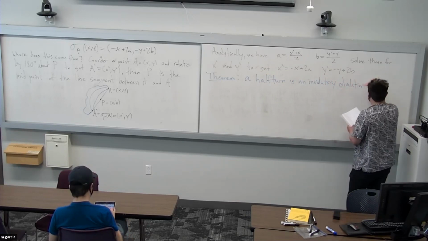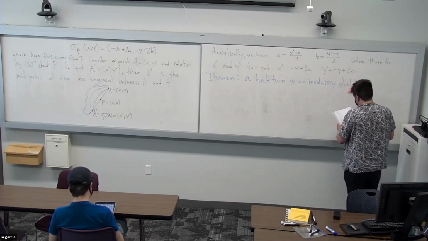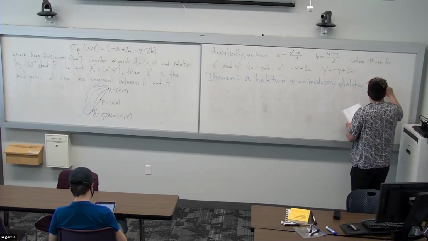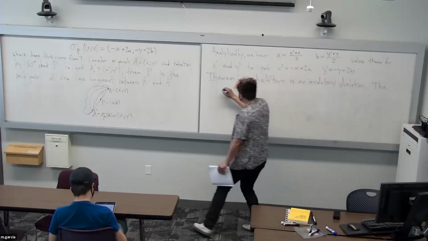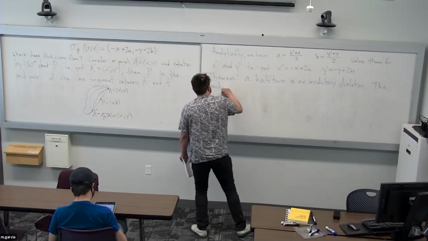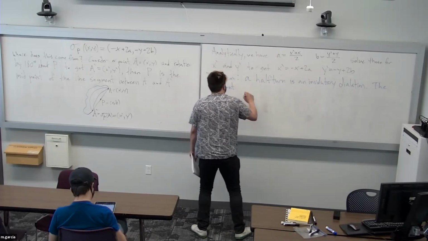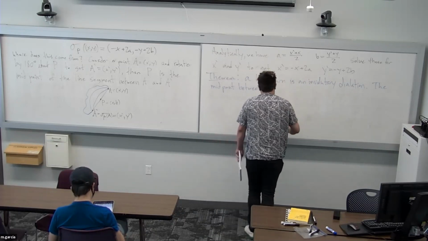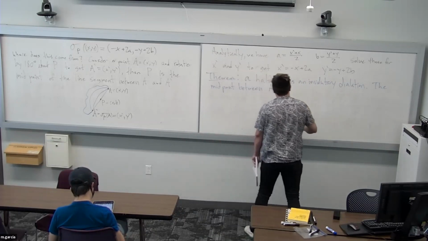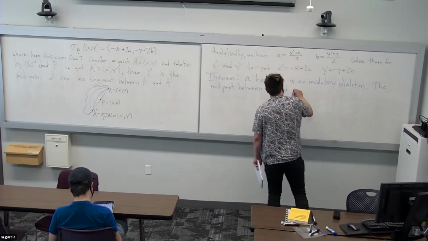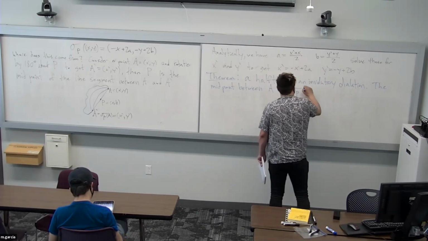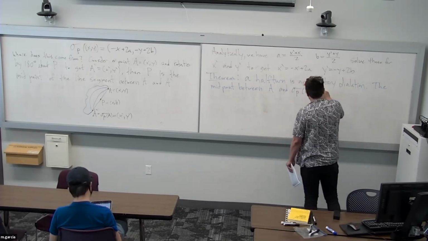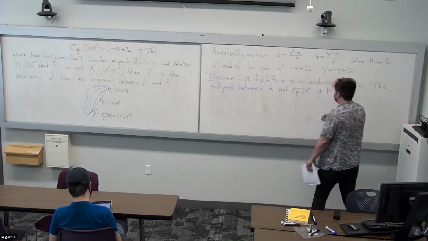What else can we say about it? The midpoint between some point A and the image of A under a half turn is P. Okay?